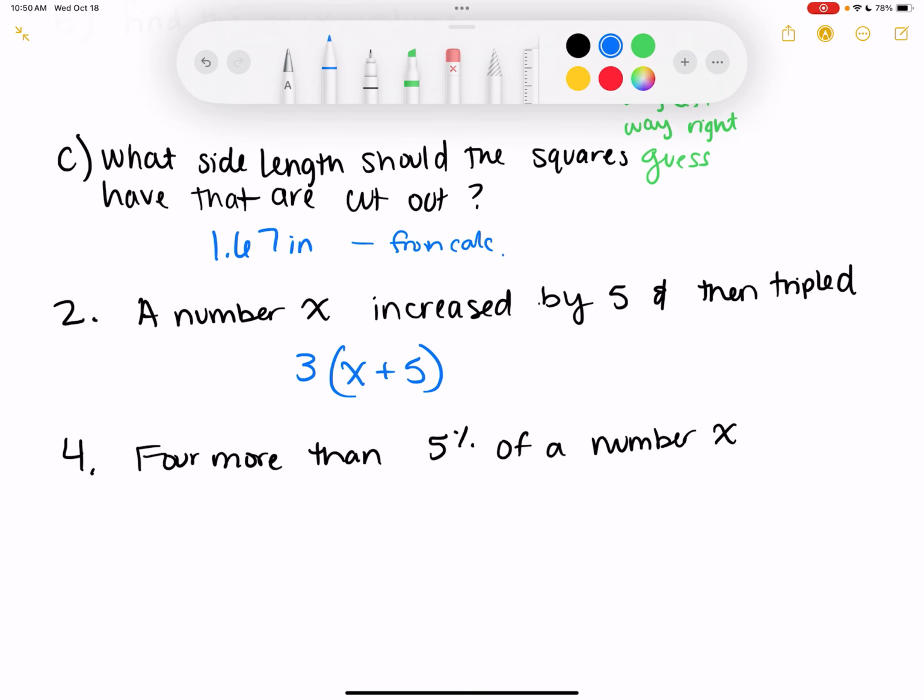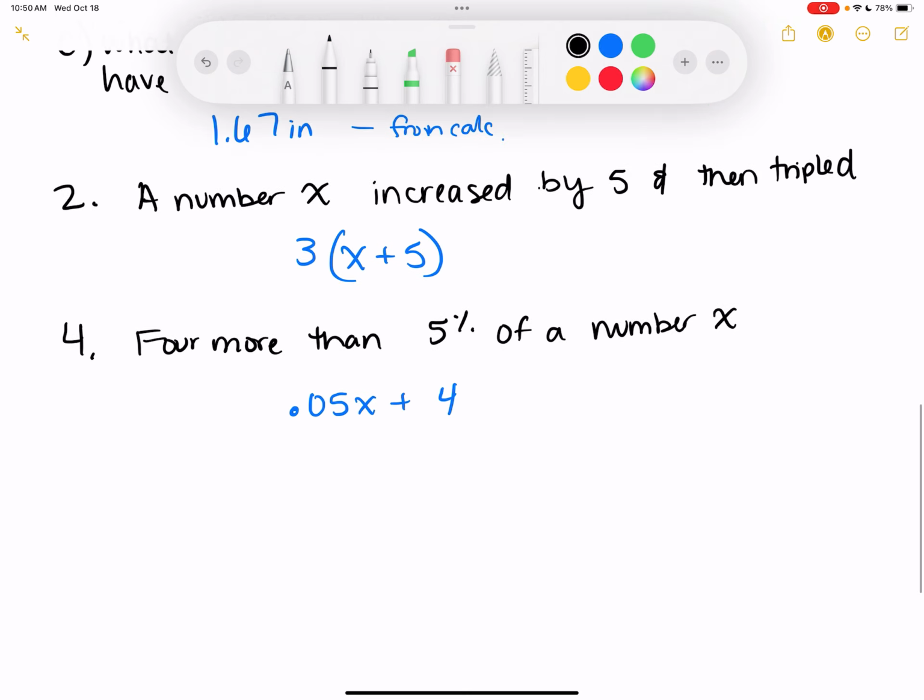Yep, 0.05x plus 4. So it's 4 more than 5% of a number x. So it's the 0.05x plus 4. All right, the next ones they're not really word problems.